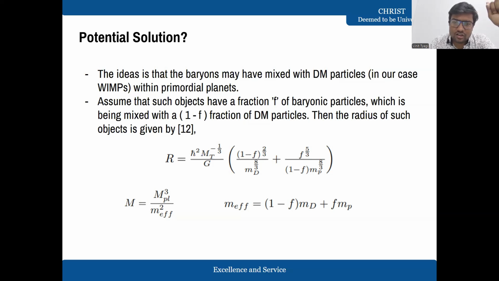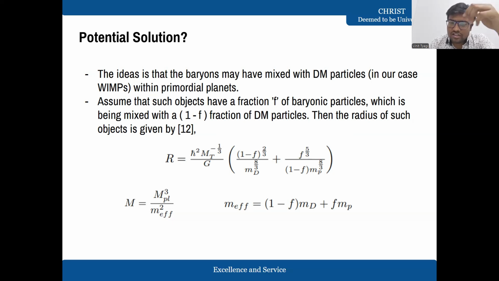And here is the equation of the radius of that object, which has both the baryonic matter and the dark matter. And this equation we get by equating the degeneracy pressure of dark matter objects and the baryonic matter. We also consider the radiation pressure, but then we ignore it for simplicity. It does not make a significant change.